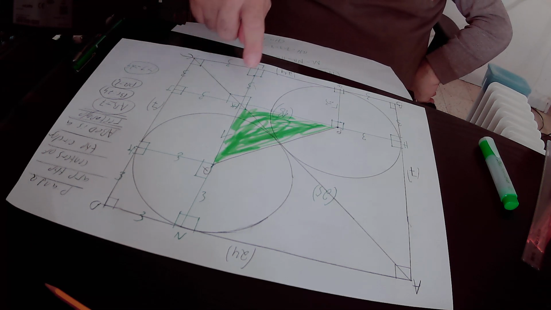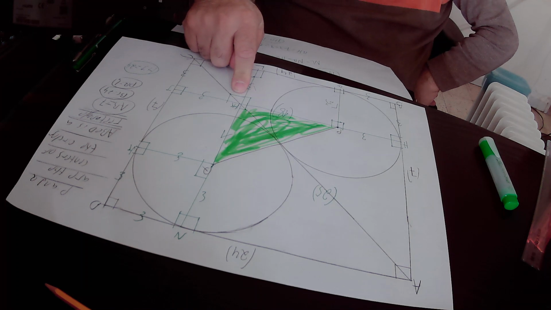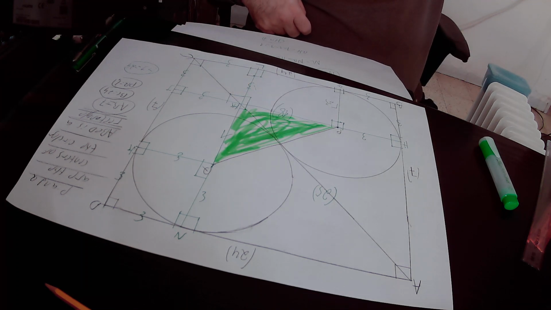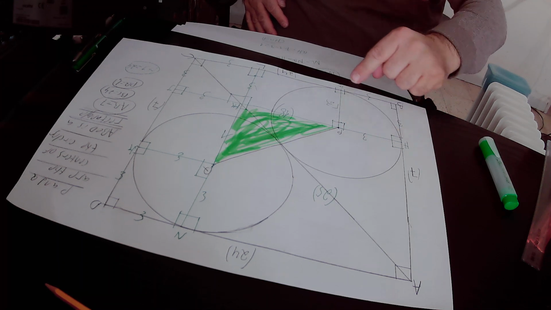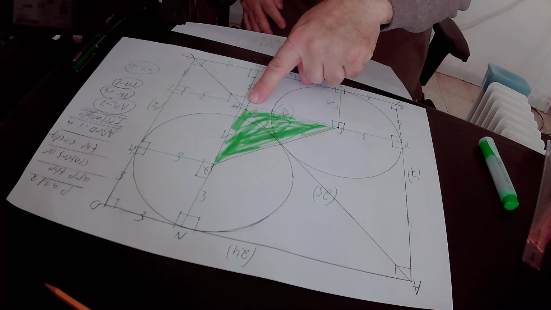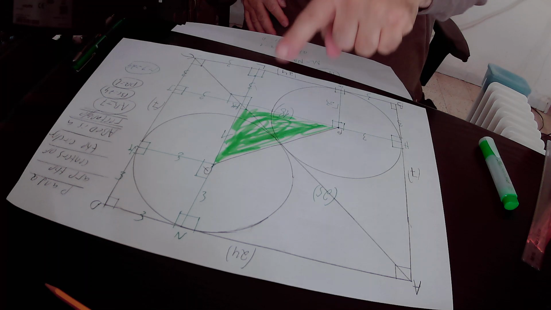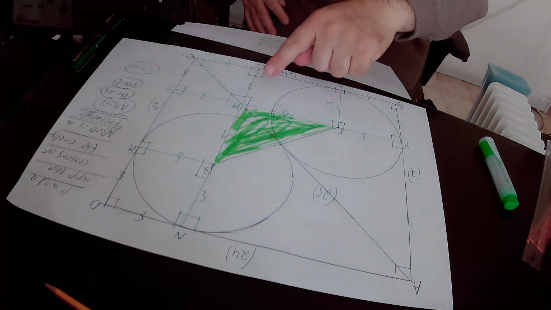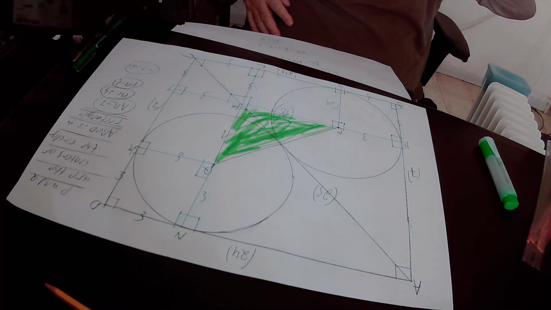So in quadrangle KLCJ, we have 1, 2, 3 right angles, therefore the fourth angle must also equal 90 degrees. The same thing is true inside quadrangle PGLK. NL is a straight line, so this angle equals 90 degrees, therefore the missing angle must also equal 90 degrees.